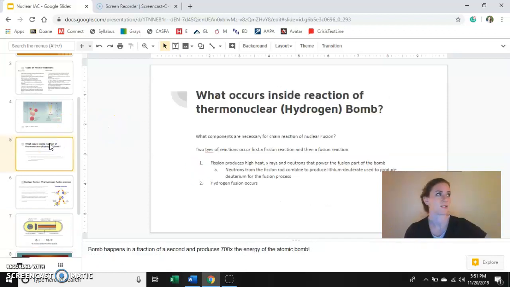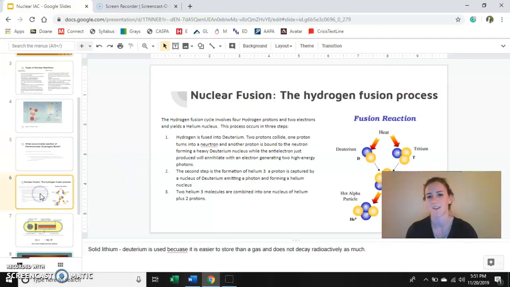So going back to this part, in the second part of the reaction, the hydrogen fusion would occur. The hydrogen fusion cycle involves 4 hydrogen protons and 2 electrons and yields a helium nucleus. This process occurs in 3 steps. So I have this diagram here.